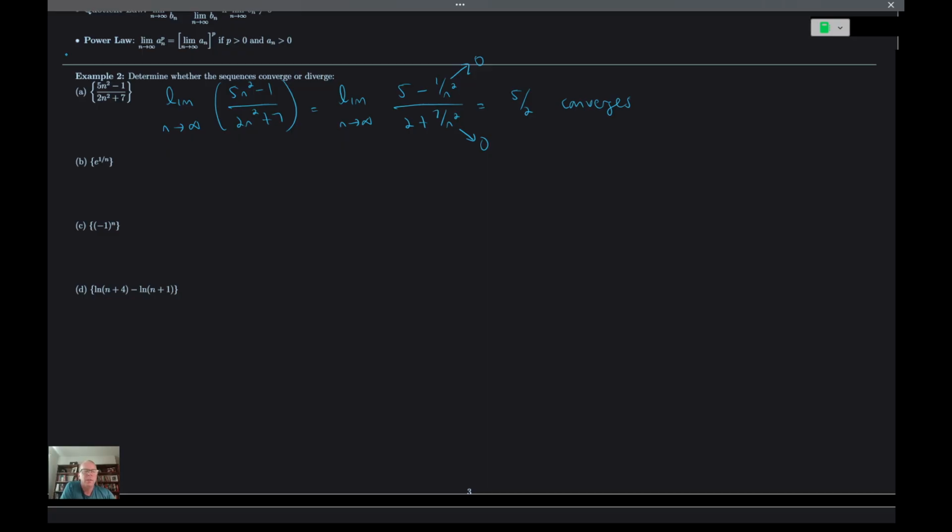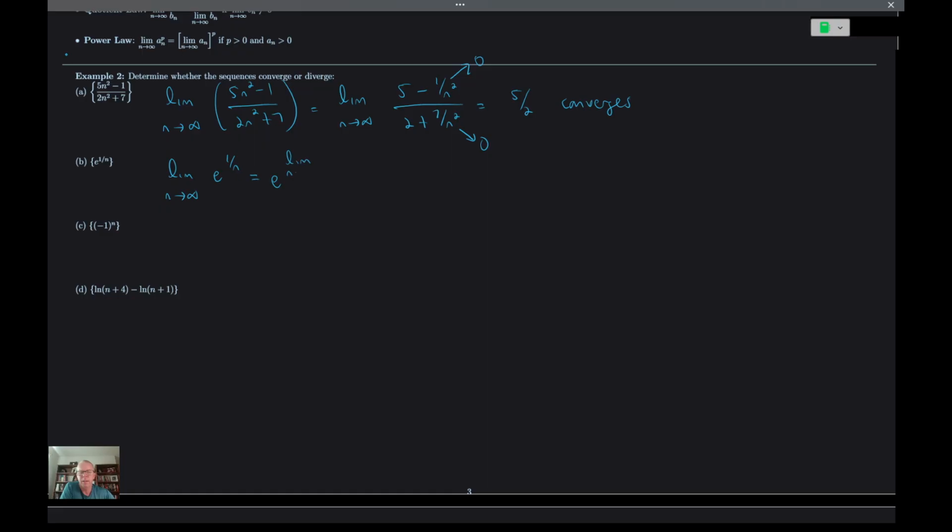All right, what about e^(1/n)? So the limit as n goes to infinity of e^(1/n). We don't have that law up here, but we can move this limit up into the exponent.